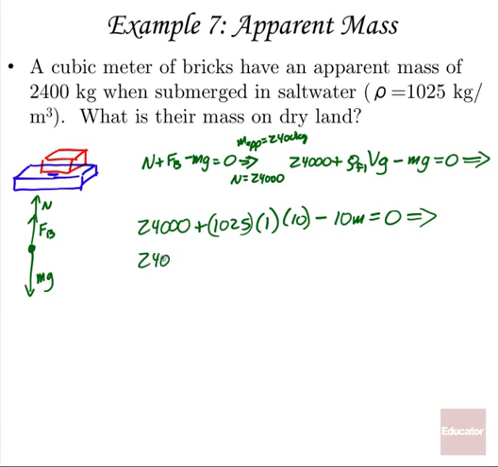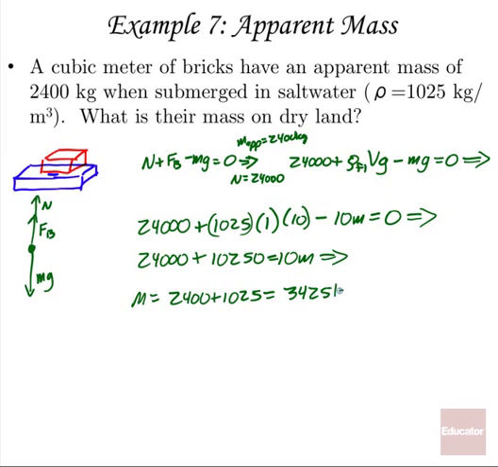Therefore, 24,000 plus 1025 times 1 times 10, 10,250 equals 10m. Therefore, m must equal, I'll divide both of these by 10, 2,400 plus 1025, or about 3,425 kilograms is the actual mass.